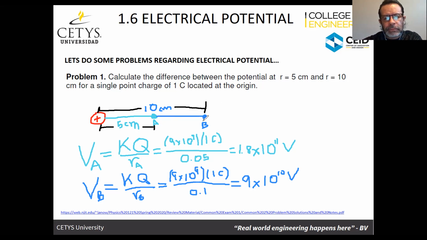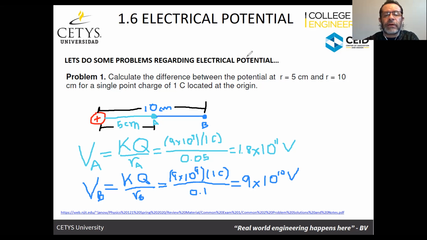So the potential in B is going to be smaller than the potential in A. And remember the analogy, we're going against the river. So staying at a point that's closer to the charge is going to require more energy than staying at a point that is further from the charge, okay?